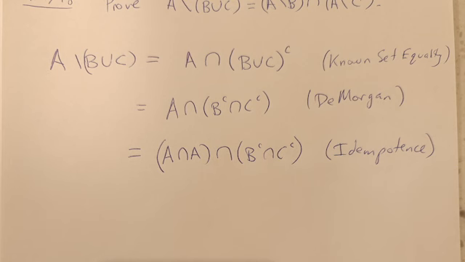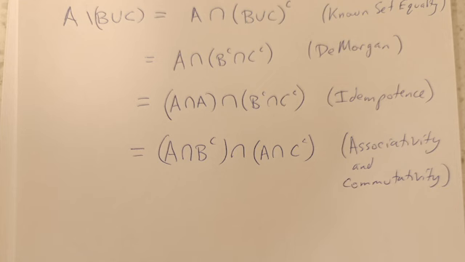Okay, now I want to reorganize the stuff, and I'm going to do that using two different things: associativity, which allows me to move brackets around, and commutativity, which allows me to change the order of sets within an intersection or a union. So everything here is an intersection.